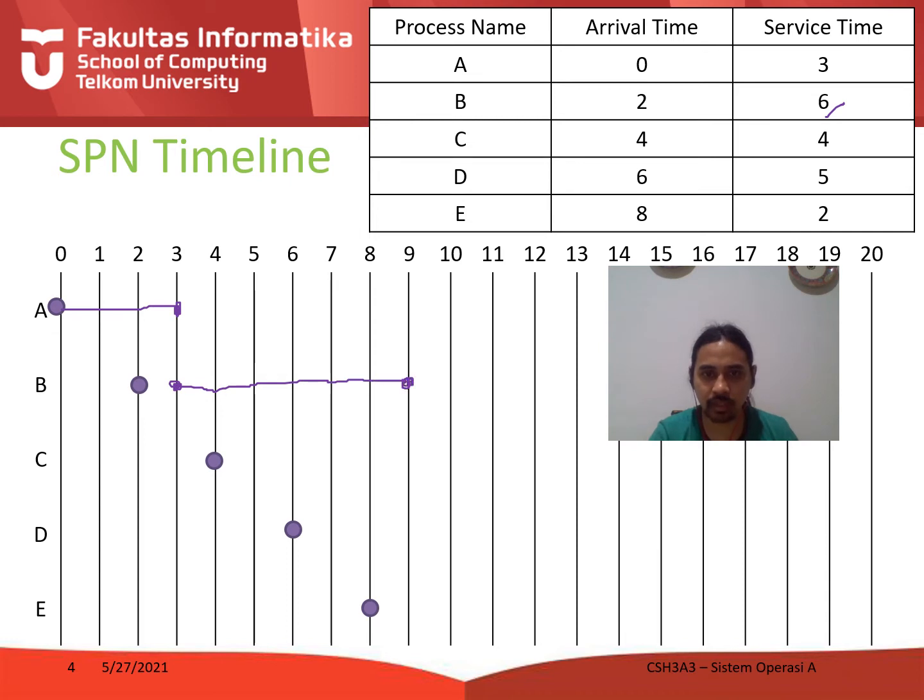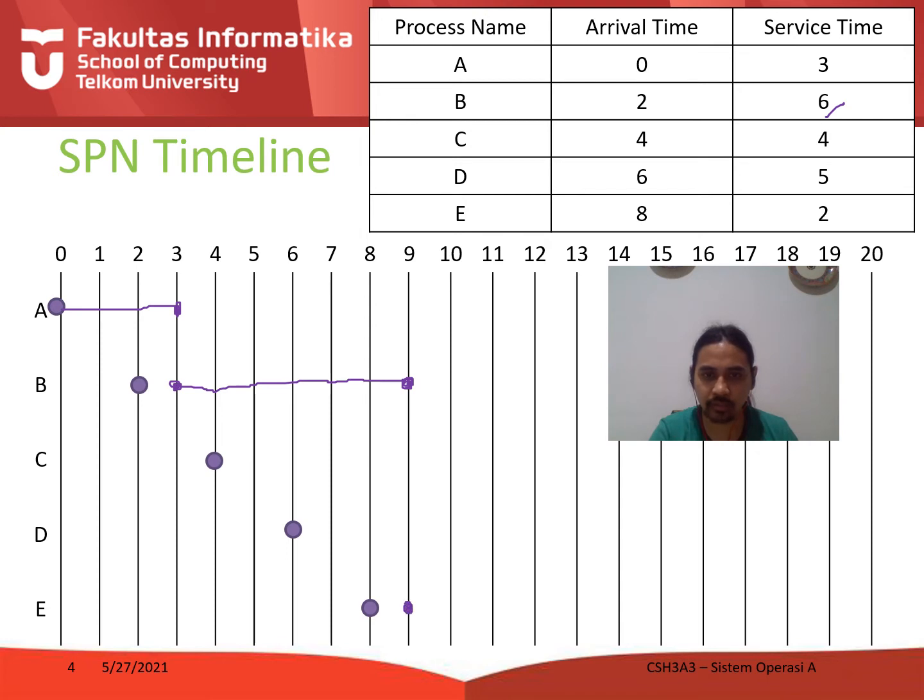Because it ends at 9, we can see that there are already 3 processes waiting, which is C, D, and E. So we need to see from these 3 processes which has the shortest service time. C has 4, D has 5, and E has 2. So E will go next because it has the shortest service time. Shortest process next. So here E goes after B.